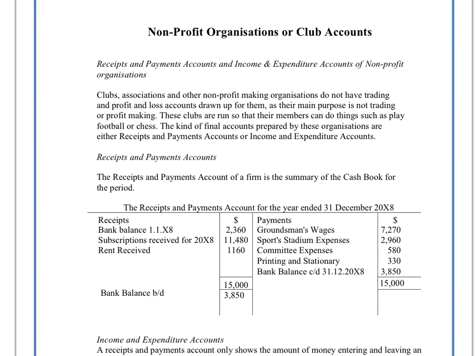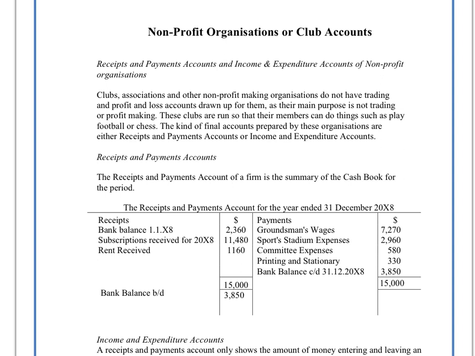So the first thing to point out is that a non-profit organisation, such as a charity or a club like a football club that's run really just for the benefit of the members, still has to account for money coming in against money going out. It's just that, because there are no shareholders or owners, rather than talking about profit or loss, we have to talk about surplus or deficits.